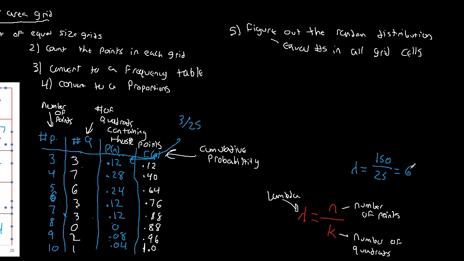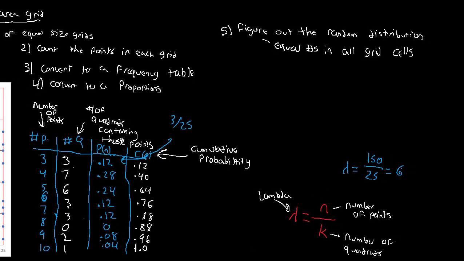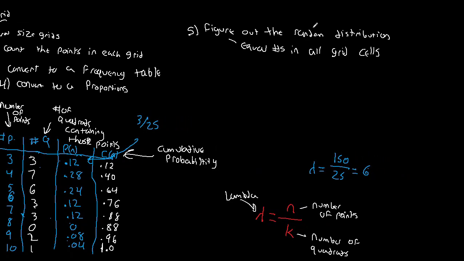That helps us, but now we need to figure out, given the same distribution of points, 3 points through 10 points, and this expected average, what would we get in terms of a probability of having that number of points in one or more of the grid cells? Let's formalize this.